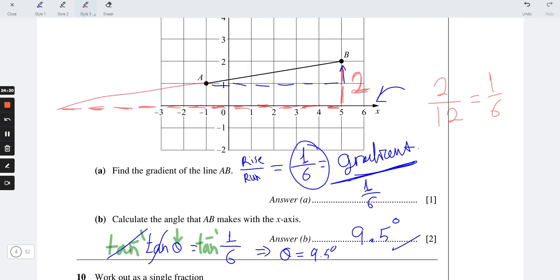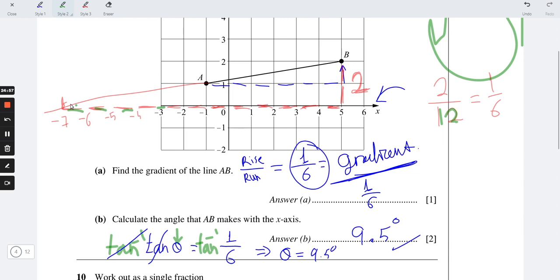It should intersect somewhere at this point in here. So -3, -4, -5, -6, -7. If you are counting these steps, you will get 12 steps, and you will get 1 over 6. But directly from A, we found it 1 over 6. So directly take tan theta equal 1 over 6.